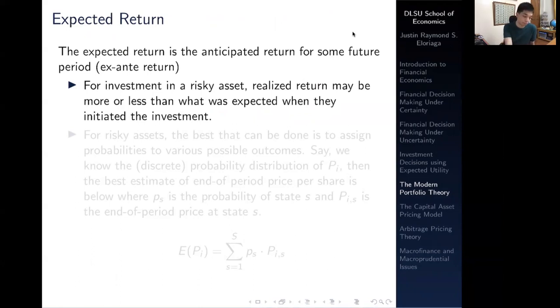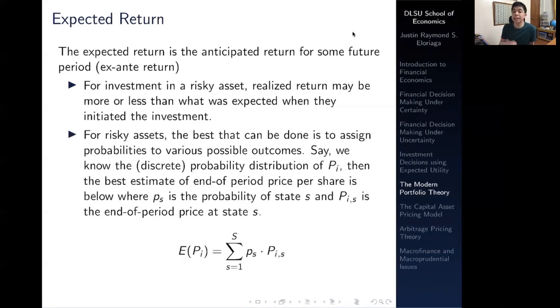For example, you made some investment of say $5 or 5 pesos. Depending on the state of the world, say 1 and 2, that could be 10 pesos or that could be 3 pesos, right? So it could be more or less than the initial value when you initiated the investment.